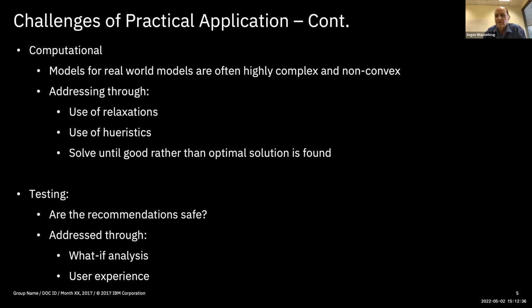For example, I talked about optimizing a water network system. How would the user know that if they follow the recommendation of the system, all the pipes suddenly wouldn't burst and water would come bursting out, or they wouldn't start getting calls from hundreds or thousands of dissatisfied customers telling them I'm opening my tap and no water is coming out.